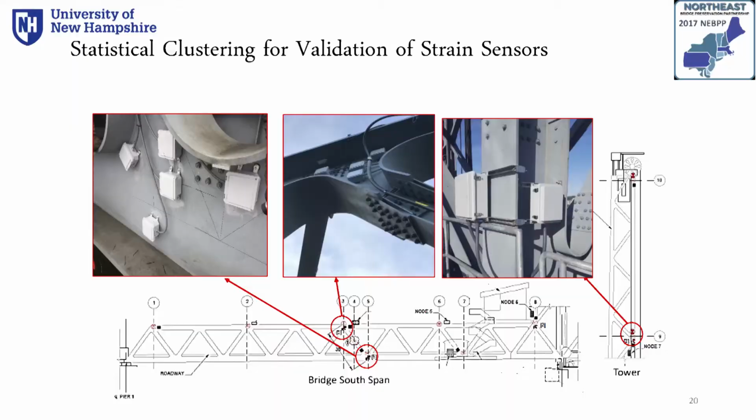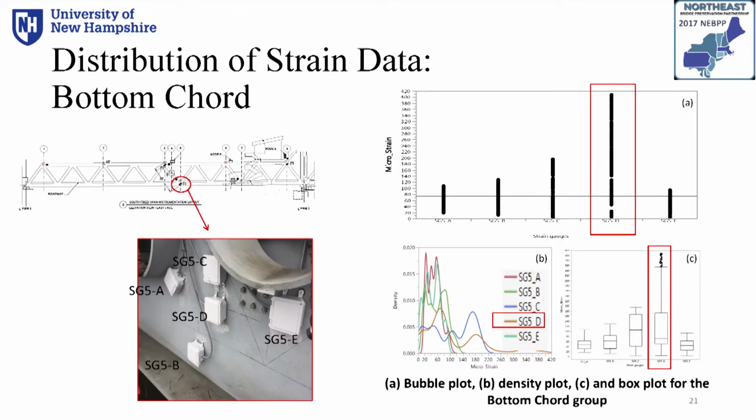Different studies are done with researchers at the university. This is a statistical investigation for validation of the response of the strain gauges on the bottom chord of the south span. As shown here, for the clusters of sensors on the bottom chord of the south span, you will see that the response of strain gauge D deviates from other sensors.